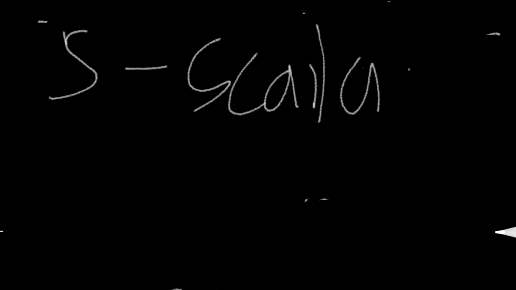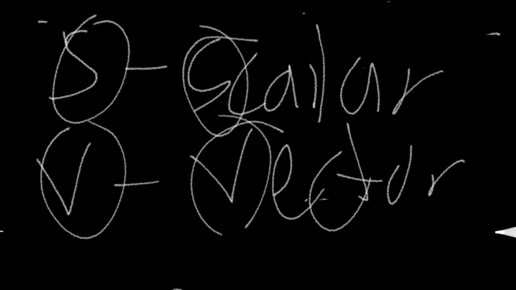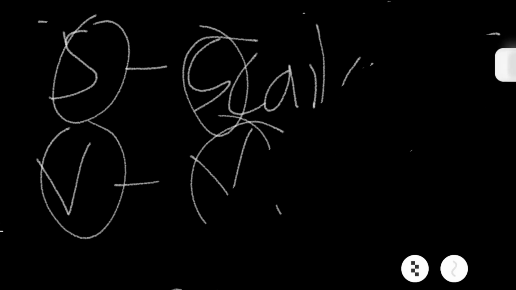If you need to memorize and distinguish between speed and velocity, just remember: speed is scalar, SS, while velocity is vector, VV. It's the same first letters. And to sum it up, distance is the total path traveled.